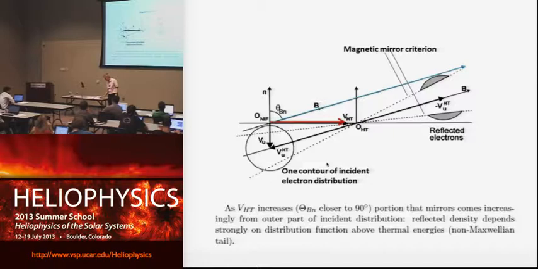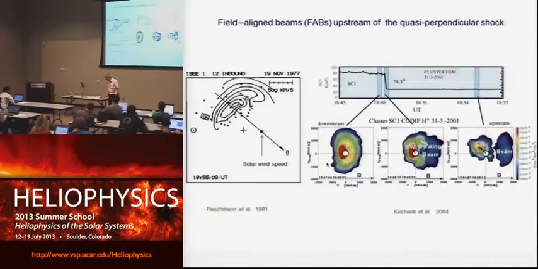So this would also predict, of course, beams of energetic particles. Now, for the electrons, the gyro radius is very small. It's smaller than the width of the shock, and so that whole idea of conservation of magnetic moment is a good approximation.